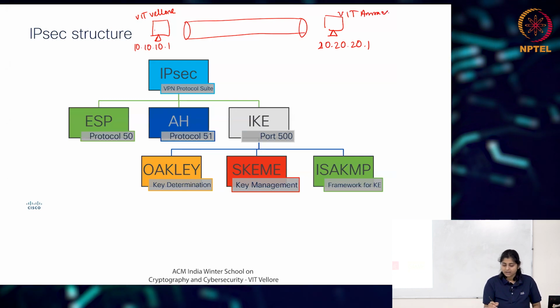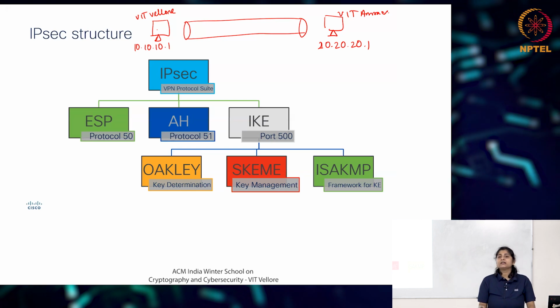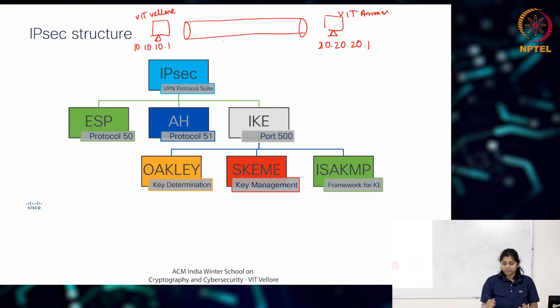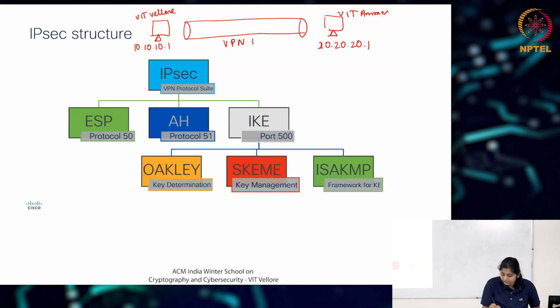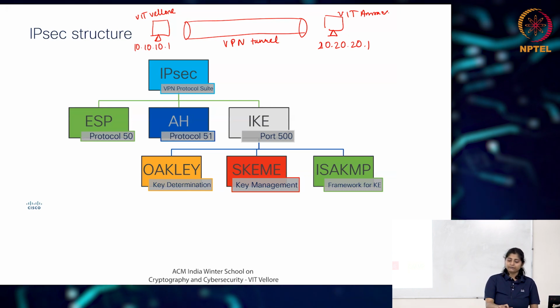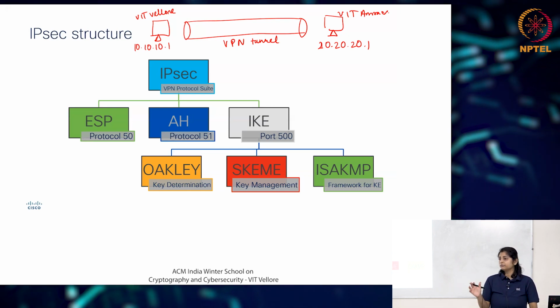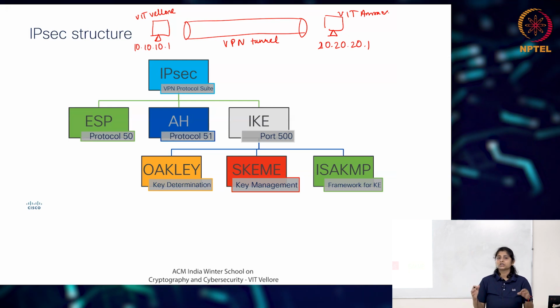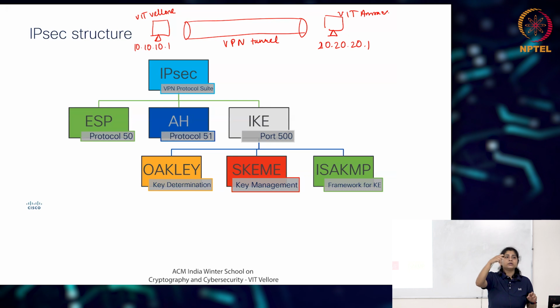Now these two are PCs sitting on the ends of that tunnel, the logical tunnel we talked about. This is the VPN tunnel. Now, if they want to communicate with each other directly, assuming that they are in the same LAN, VPN has been established, which protocol will run between these two?